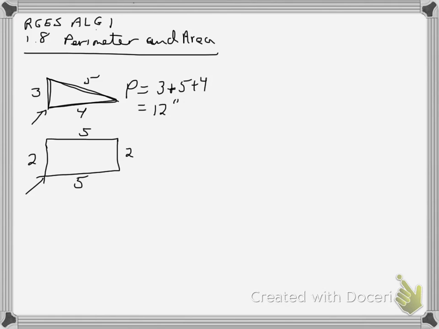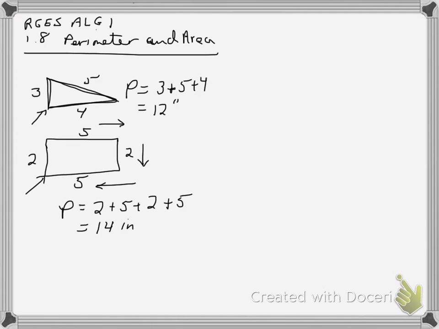Again, if we're marching around, we'd go up 2, then over 5, then down 2 more, and then over back to where we began, 5, and we would get 14 inches, or whatever the unit is.